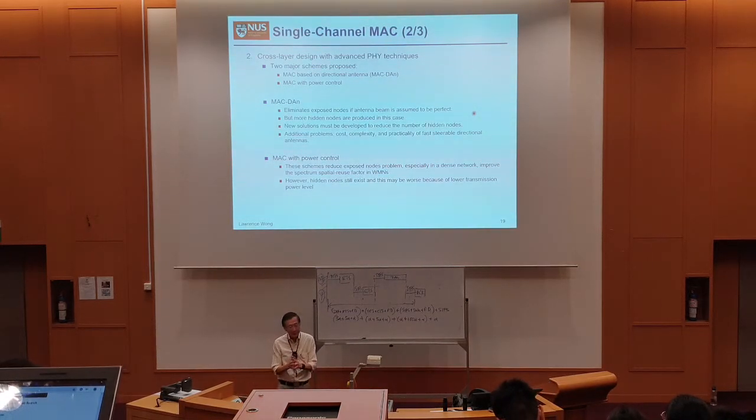If you can do beam steering accurately, there's still a hidden node problem that exists, unfortunately. Although some new solutions have tried to reduce this, the problem is cost. Whenever you have directional antennas, the complexity goes up. All right, and there are various pros and cons.